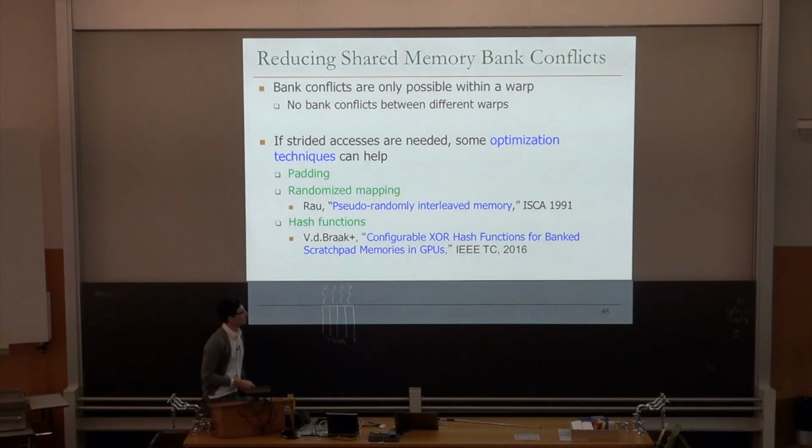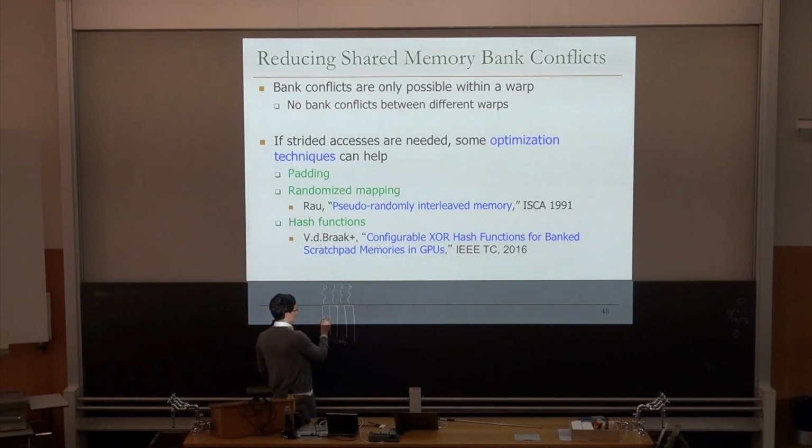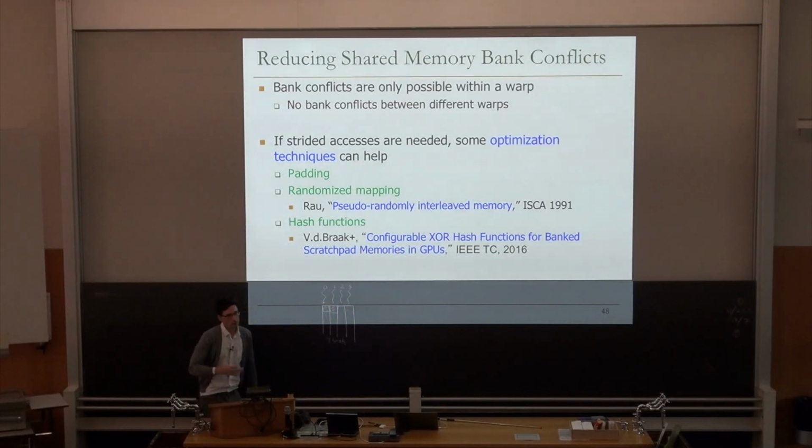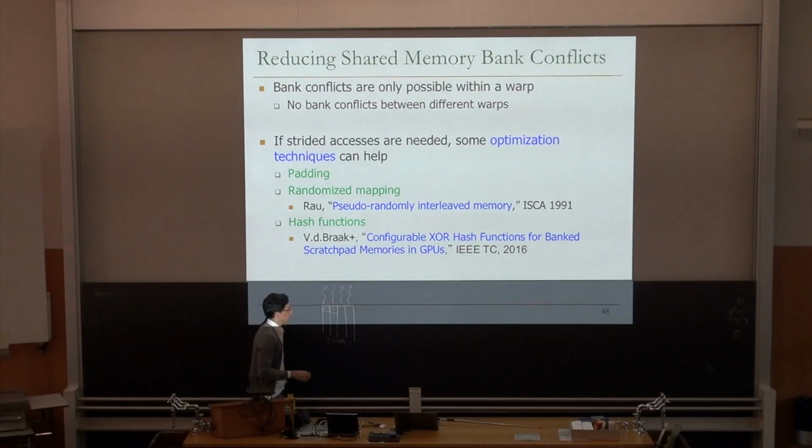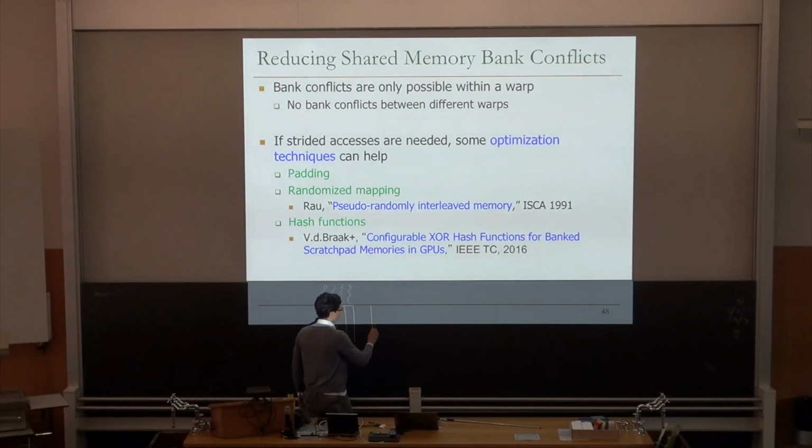These are threads 0 to 3 accessing banks 0 to 3. So if the access is something like this, where thread 0 is reading here, thread 1 reading here, and so on, we have a stride of 1, there's no bank conflict, and we get the maximum bandwidth from the shared memory.